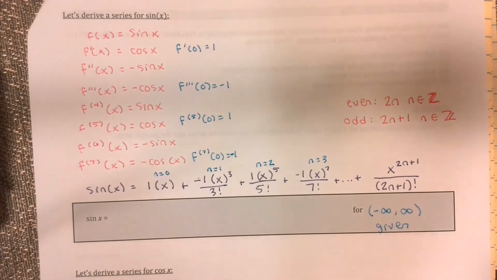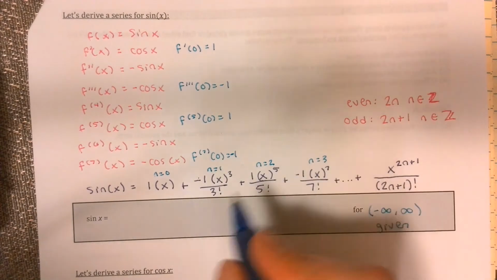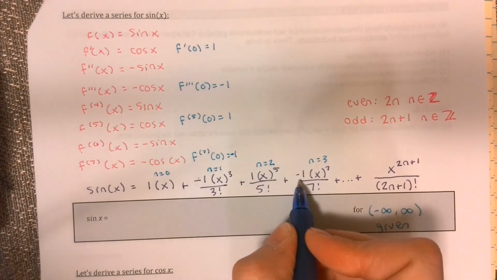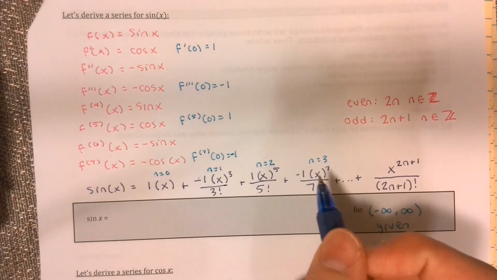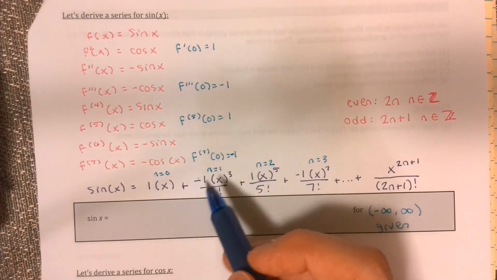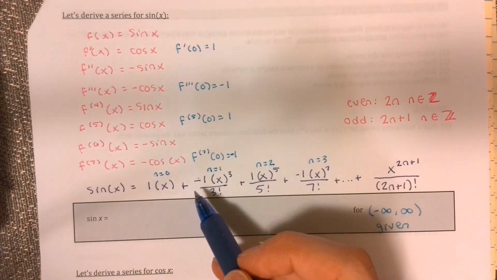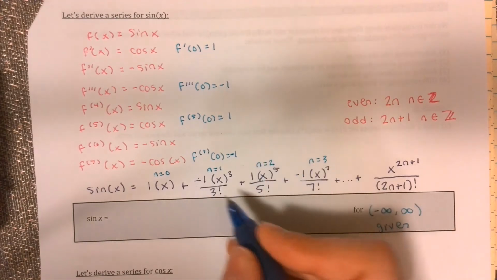Okay, now should I do 2n plus 1 for the alternating sign that I see here? No, because it happens every other time. And think about this, if I square a negative 1, I will get rid of the negative 1. Sorry, I don't know why that took me so long to process.